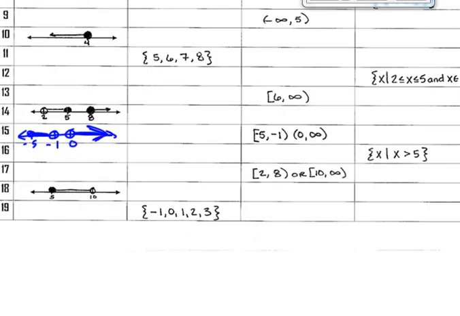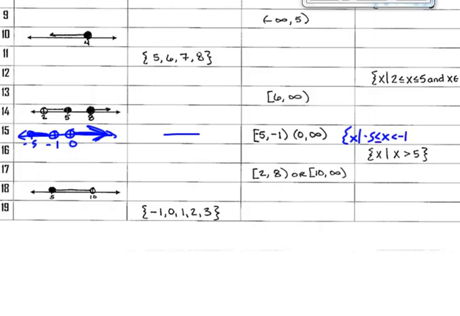When we look at listing them, way too many to list. Don't want to do that. But I can talk about them in set builder notation. I'm talking about all of these numbers, so I don't have to put the x belongs to or x is an element of. I can just go x such that x is between -5 and -1.